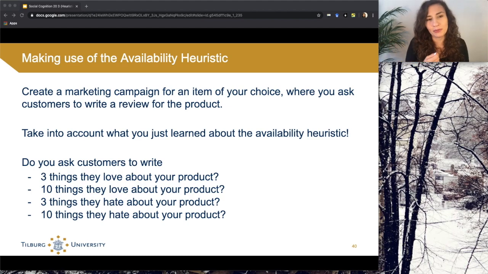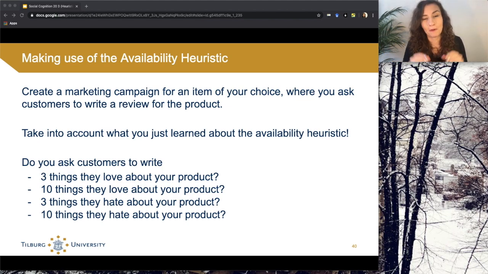And the other way around, we could also argue that your customers should rather write about 10 things they hate about your product than 3 things they hate about your product, because it would be more difficult to produce 10 features of the product that are negative rather than 3, and then 10 things that are negative would lead to a higher perceived liking compared to 3.